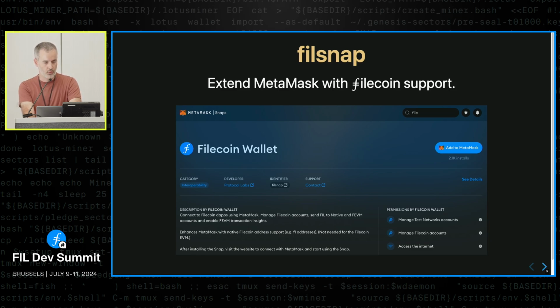This is why we went with snaps, to add support for native Filecoin in MetaMask. Now you can have your native Filecoin accounts and access them through the MetaMask extension that most people in this ecosystem already have installed. You can interact with the native blockchain through MetaMask.